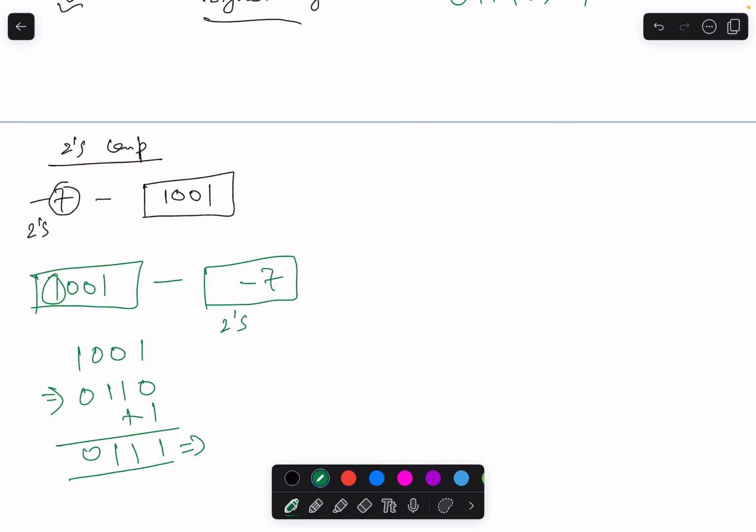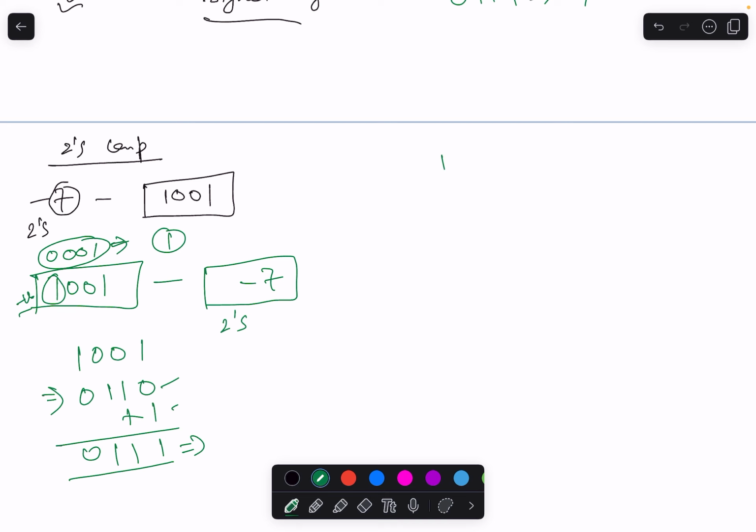If the number is 0 0 0 1, it is just 1. We don't invert and then add 1, because the number is positive, and for positive numbers we don't find the complement. Only if it is negative do we invert the bits and add 1. Similarly in the ones complement, we don't do this complement for the positive numbers.